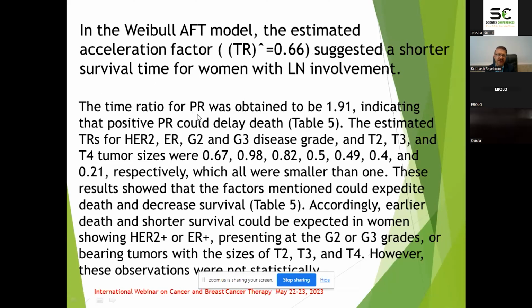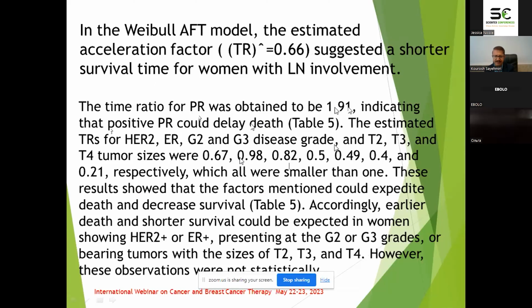And the time ratio for PR is estimated at 1.91, indicating that positive PR could delay this. And the estimated TR for HER2, ER, G2, and G3, this is great.